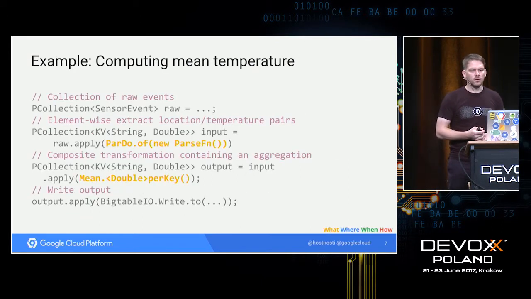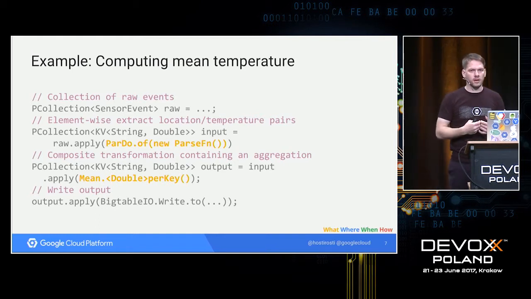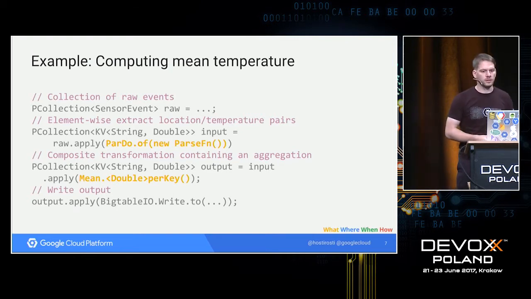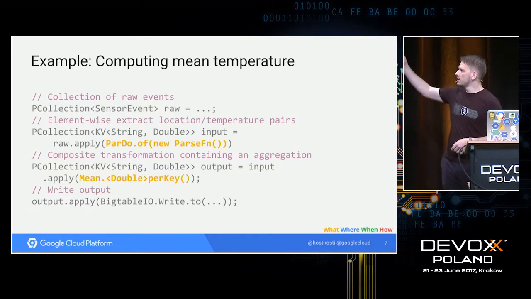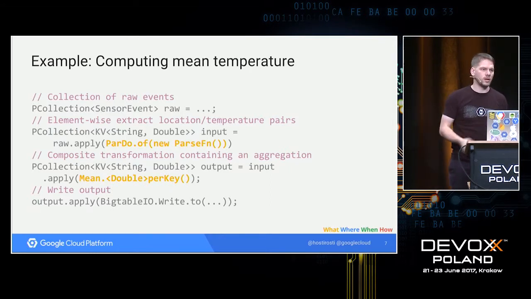Now, how does it look in code? You read in your data. In this example, we want to calculate the average temperature in certain locations. We have the location and temperature data in a database or some kind of data store. We read in this data into our PCollection, which is a collection where we can do parallel processing.